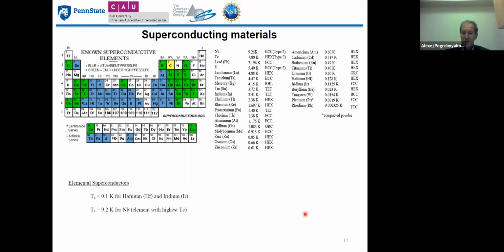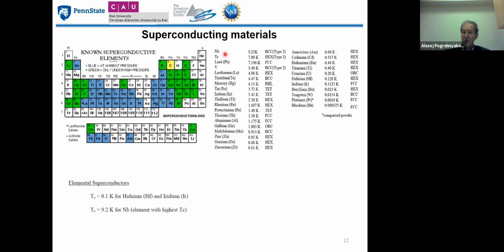So, superconducting materials. Here we see the periodic table, and blue color marks the elemental superconductors that are superconductors at ambient pressure. And here we see just examples of some elemental materials with corresponding critical temperatures.